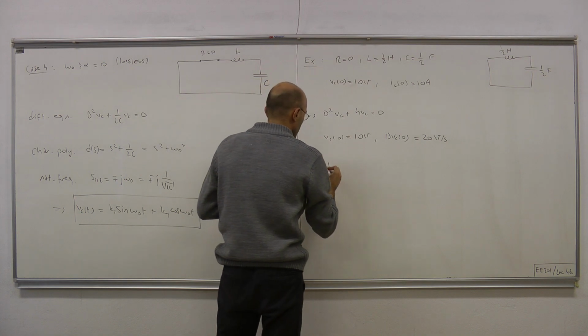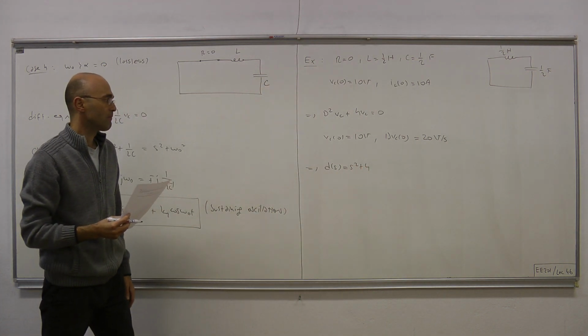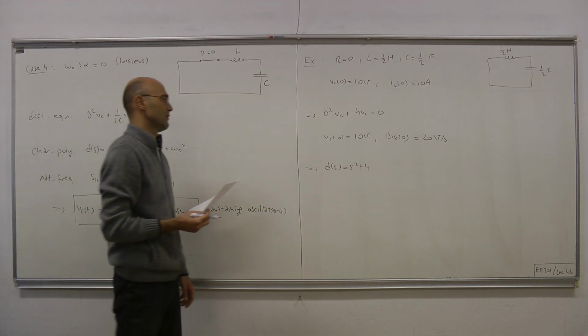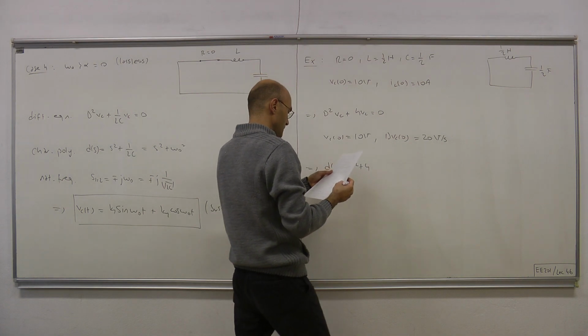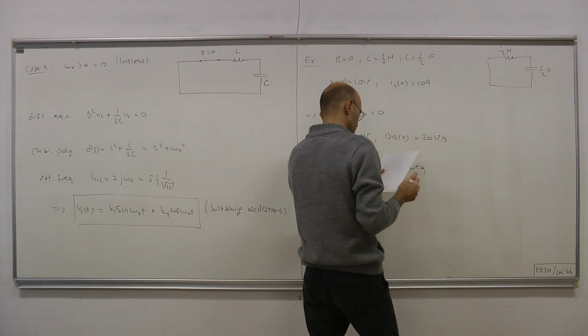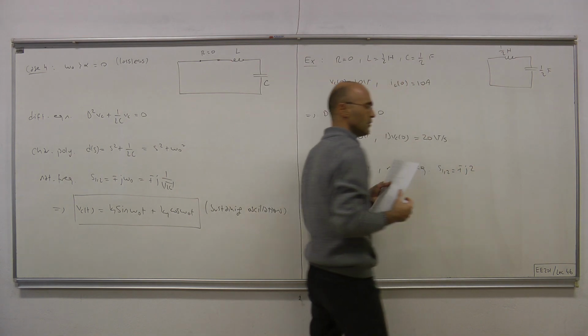Now, the characteristic polynomial reads s squared plus 4, and this yields the natural frequencies s1,2 equals plus minus j2.